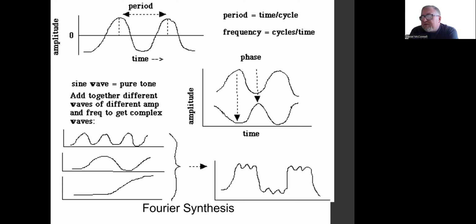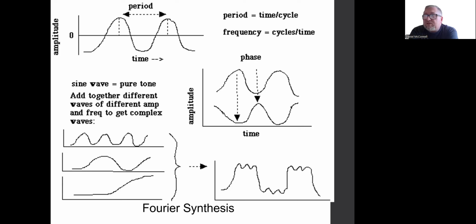If we add them together, what we might get is something like we see on the bottom right, which is a much more complex looking waveform that has elements of the low frequency components, but also has elements of the high frequency components embedded within it. And so you're going to end up with a sound that doesn't sound like a pure tone. It's going to sound a little like something else.